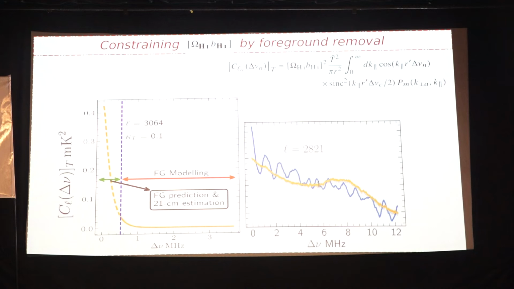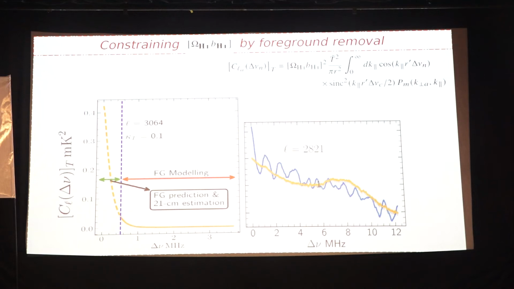The 21 centimeter signal starts with a high value and sharply decorrelates within around 0.5 or 1 megahertz, and then it is almost zero. But the foreground, as you can see, is almost correlated throughout the bandwidth.